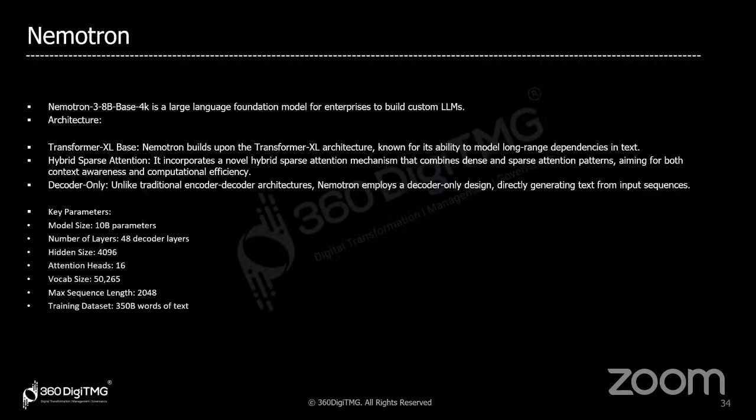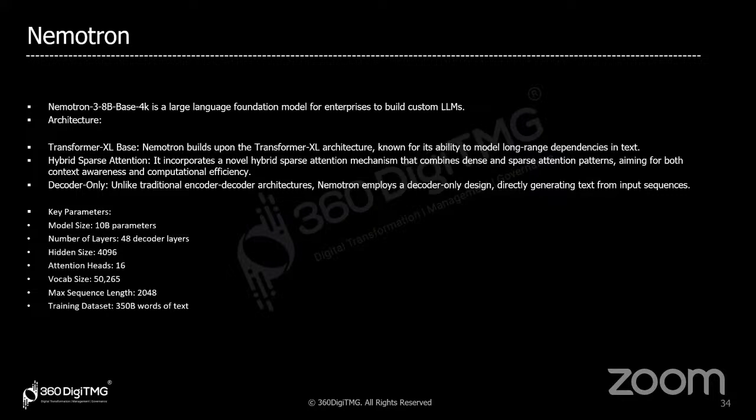Then there is Nemotron. Nemotron 3 8 billion base 4K is a large language foundation model for enterprises to build custom LLMs. Okay, the architecture of it is based on Transformer XL base.